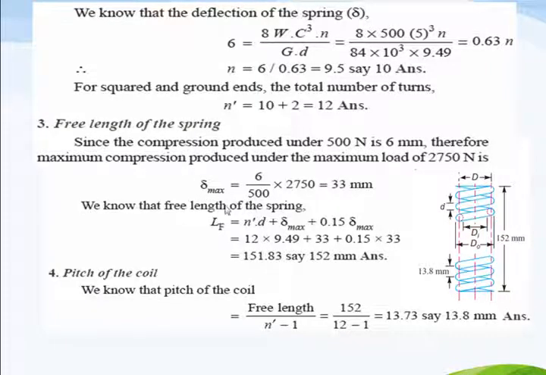Delta max by 2750 is equal to 6 by 500, where these two are given: 6 mm deflection for 500 newtons load. By cross multiplication we get that delta max is 33 mm. From that we can find the free length of the spring and also the pitch of the coil.